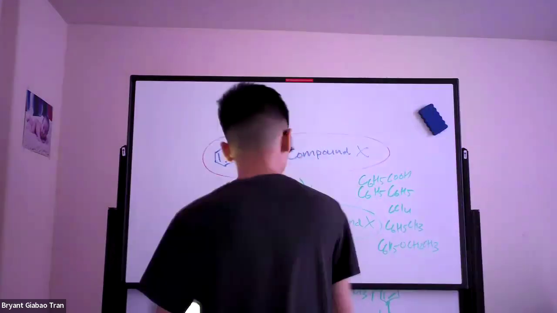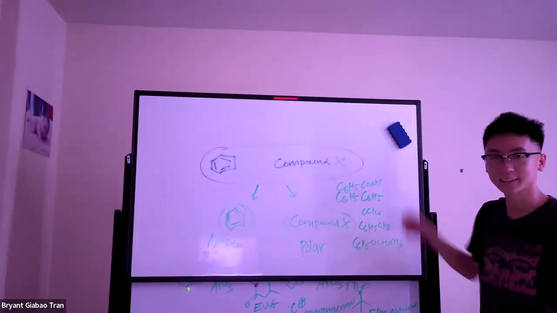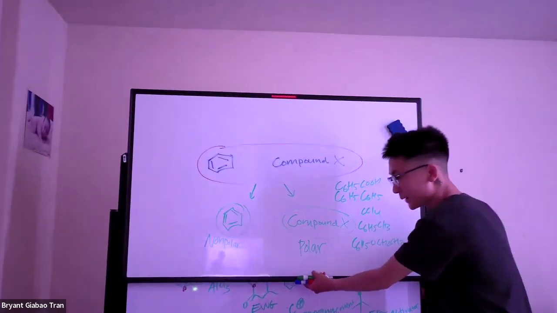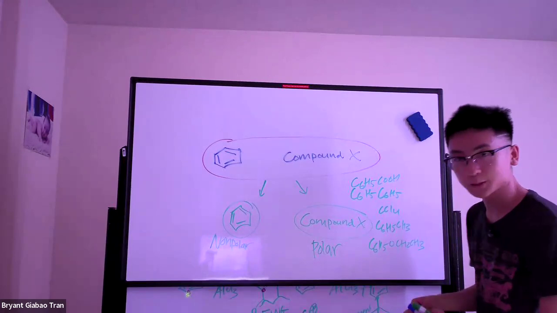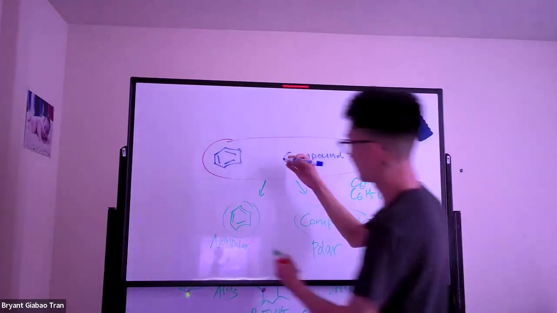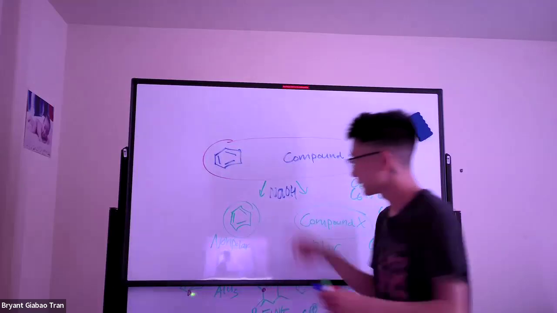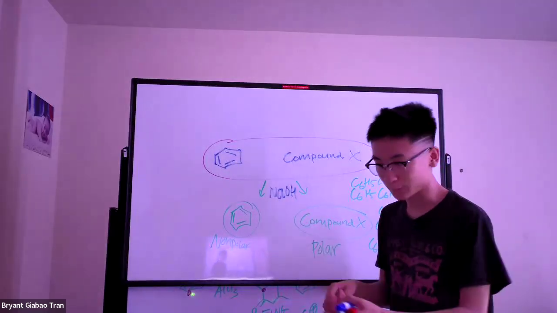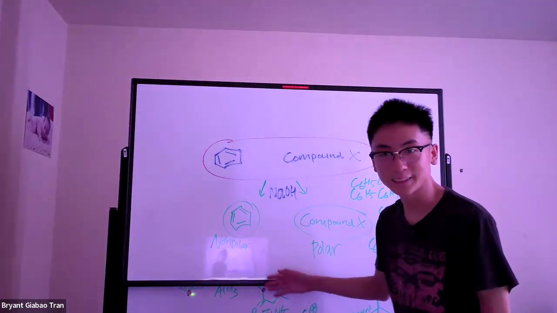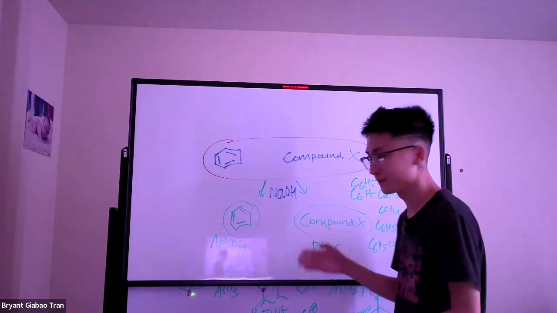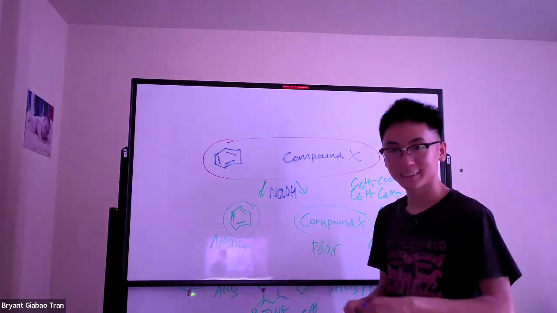So the non-polar and polar property is actually not the best one to look at, because the answer choices have a lot of polar molecules, right? But the question also says that we are reacting this with NaOH, right? So if we are reacting this with NaOH, what property do you think can be used to separate them, compound X and benzene?